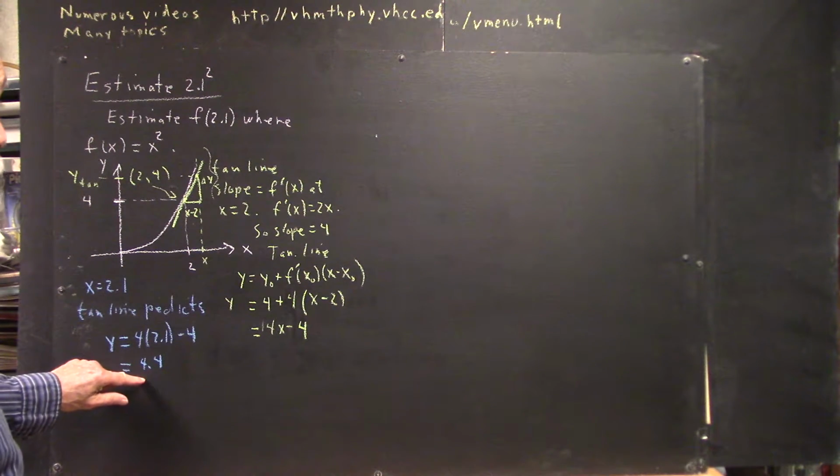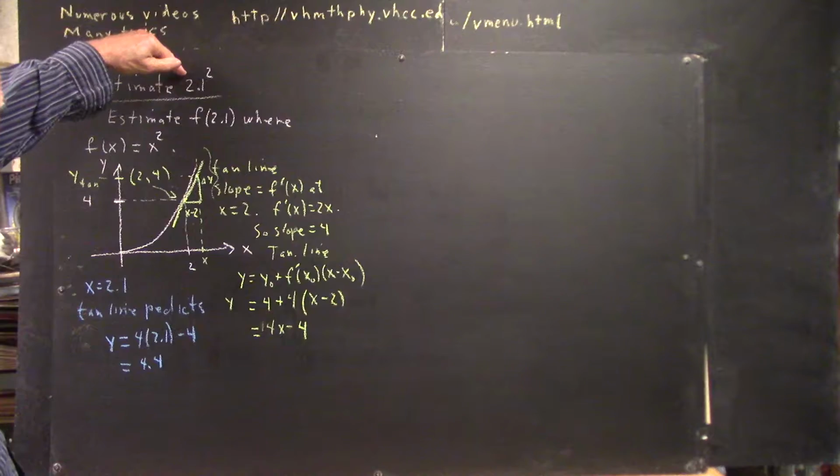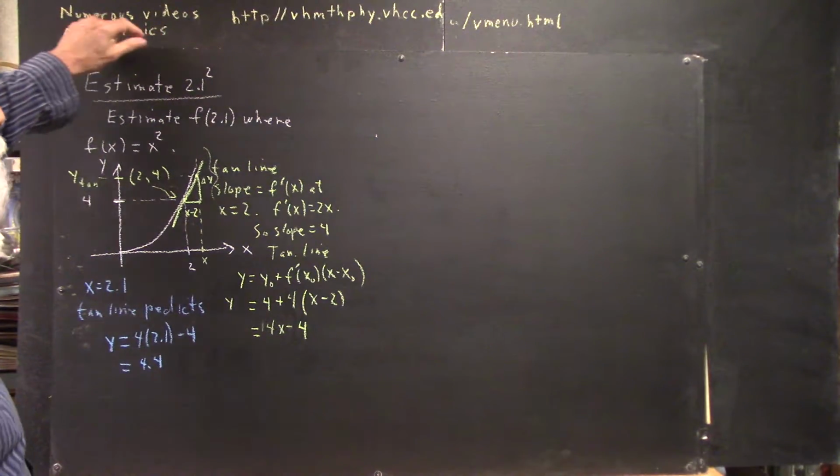Now that's a pretty good approximation to 2.1 squared. 2.1 squared is 4.41.